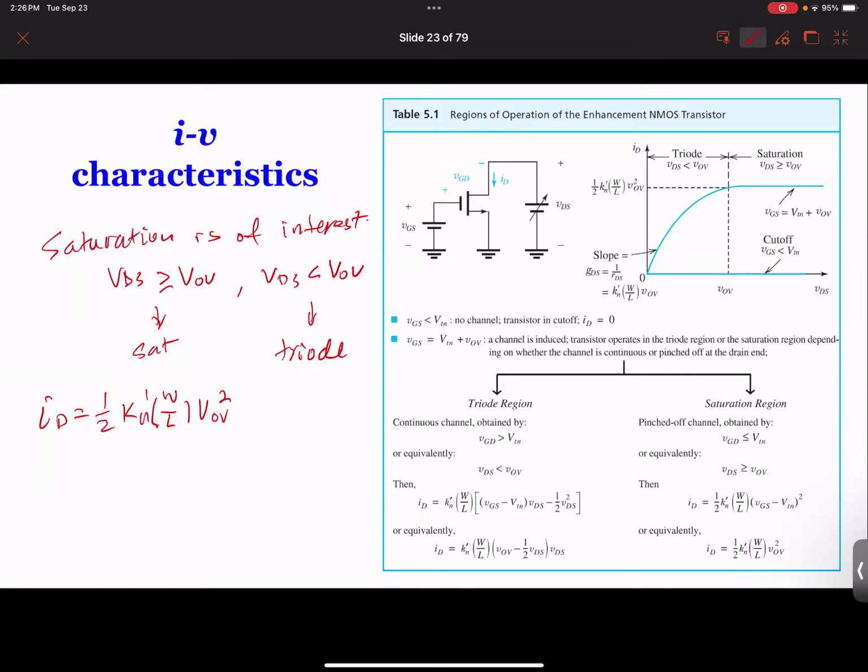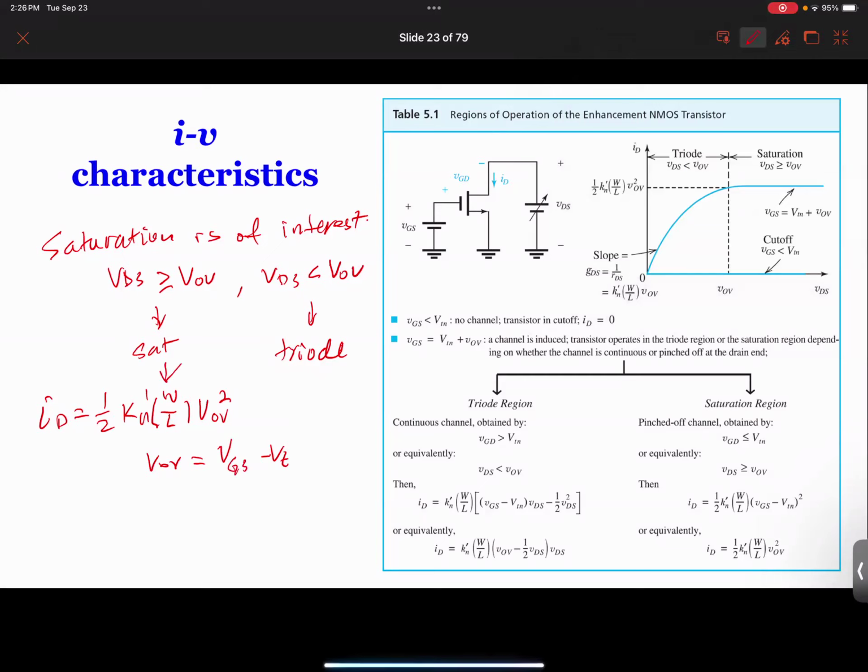Now remember, this VOV can be expressed as VGS minus VT. So that's in the saturation region.